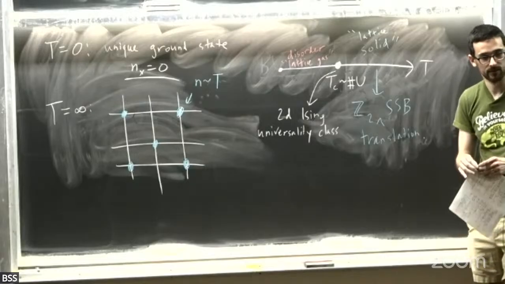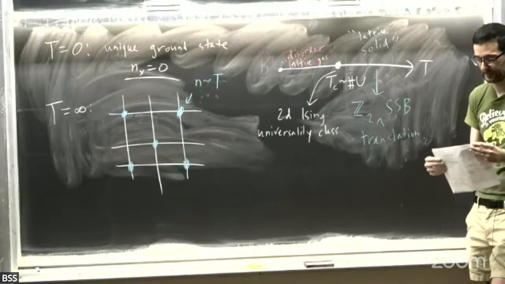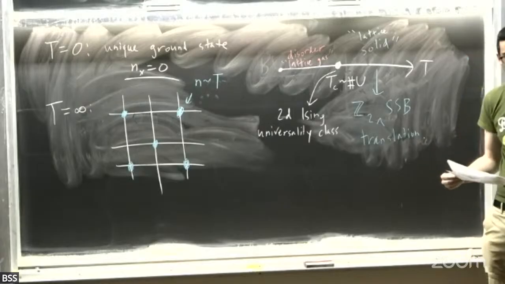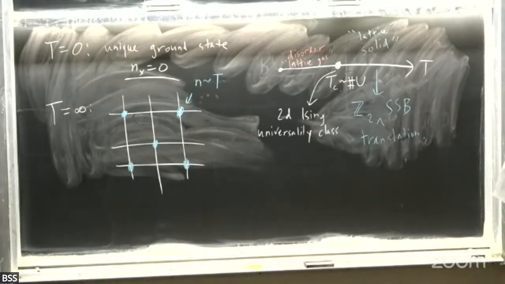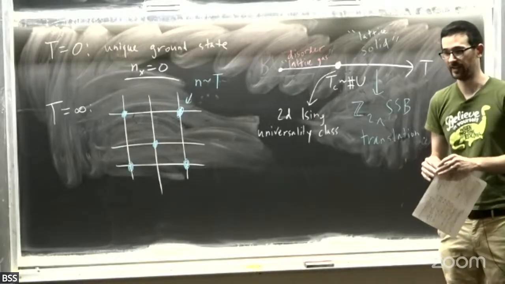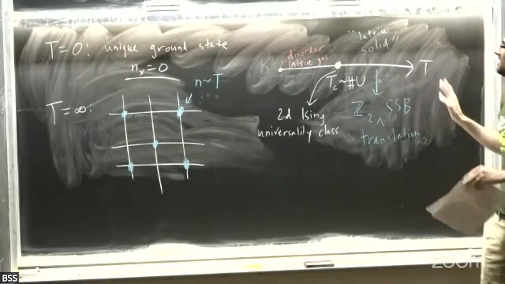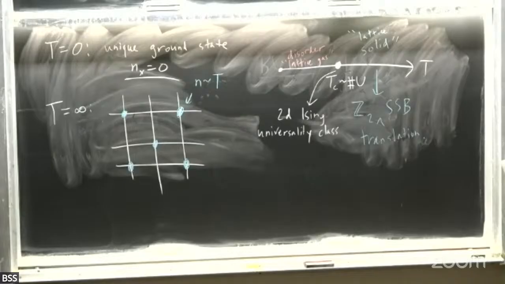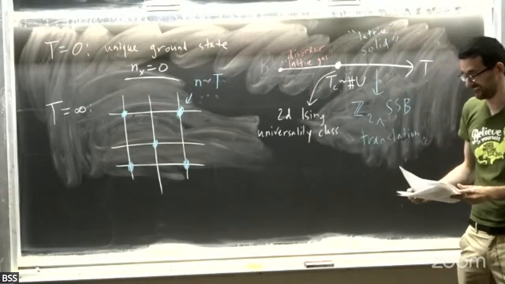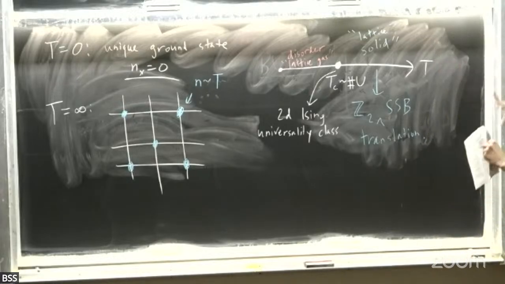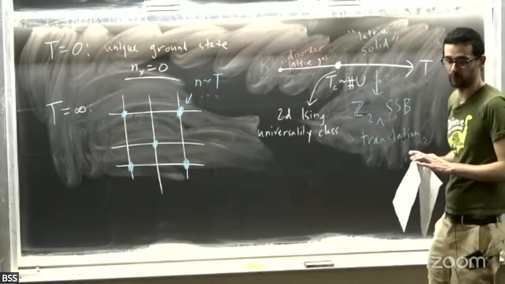So, does this work in arbitrary dimension? Yes, except for one. We don't know how to beat the Mermin-Wagner theorem, or whatever the discrete version of Mermin-Wagner is. Anyway, we can't order in 1D, but we can order in 2D.